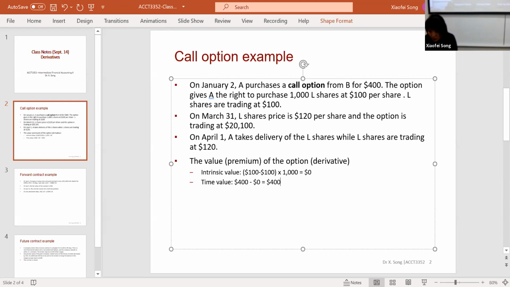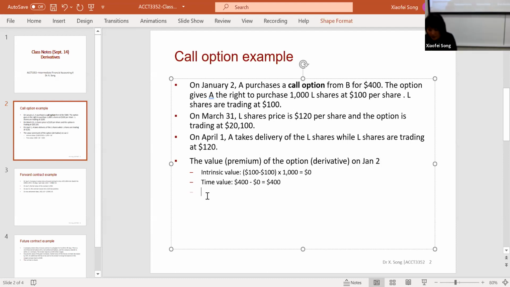Now, let's just take this a little bit further. So this is the premium, the value on January 2nd.